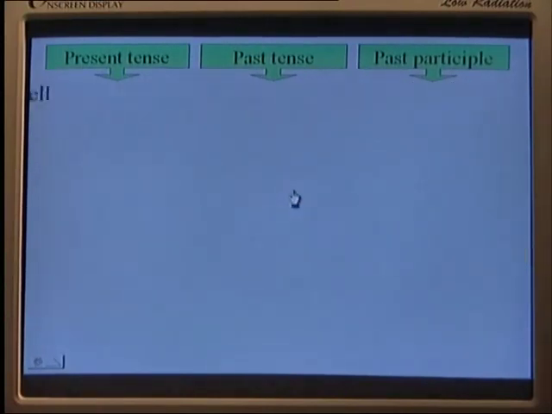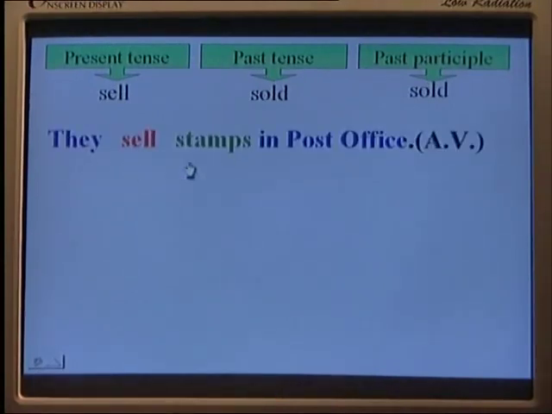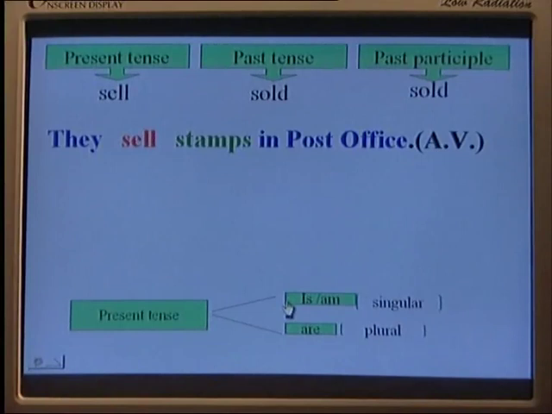Let us look at the second sentence, which has got these words. Okay. Sell, sold, sold. They sell stamps in post office. Sell is in present tense. So, when it is in present tense, which be form should be used in passive voice? If object is singular, is.